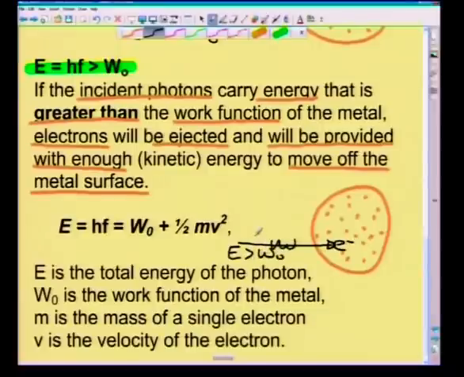Let's say at the beginning we've got this dim light, so you've got just a few photons coming in. So 3 photons, 3 electrons will be ejected, because the energy of the photon is greater than the work function.